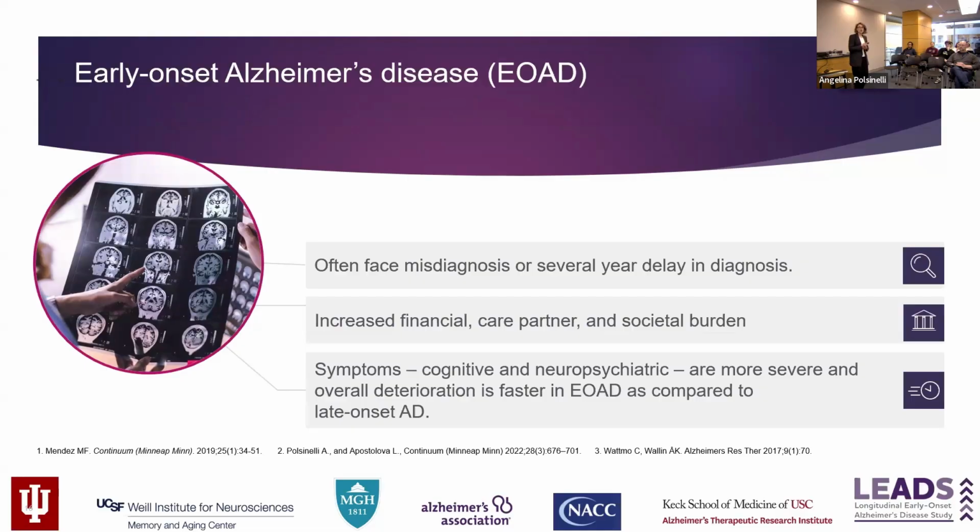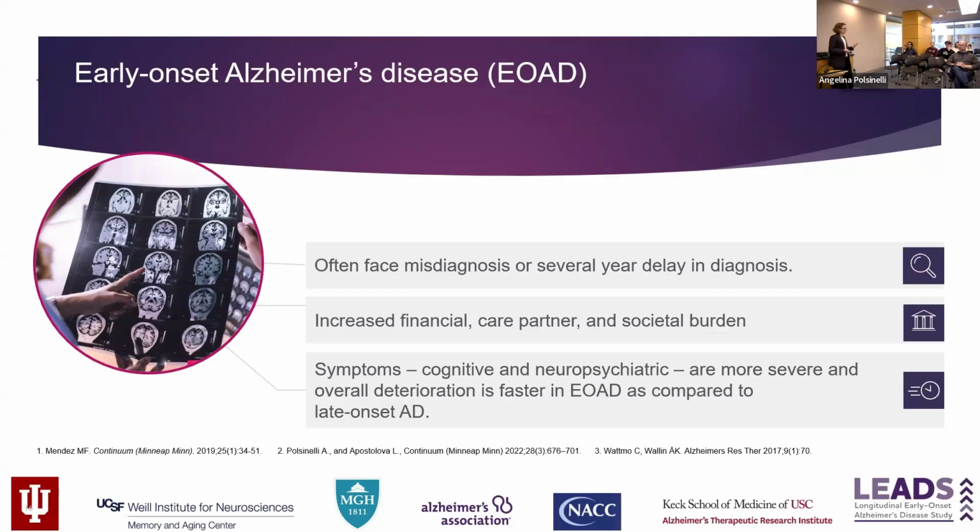So in terms of early onset Alzheimer's disease, these individuals often face misdiagnosis or several years delay in diagnosis because people are not expecting somebody who is 48 years old to have a neurodegenerative disease. There is an increased financial, care partner, and societal burden for these individuals.